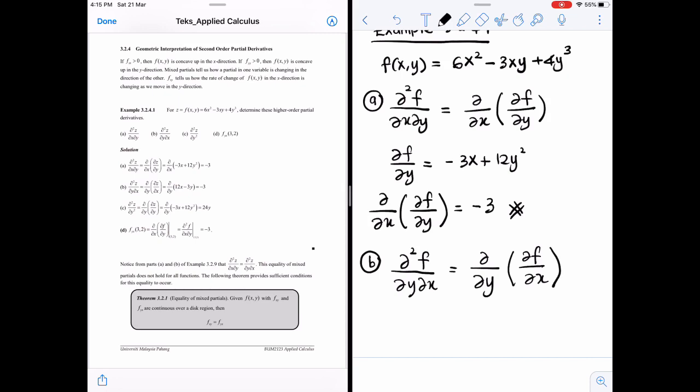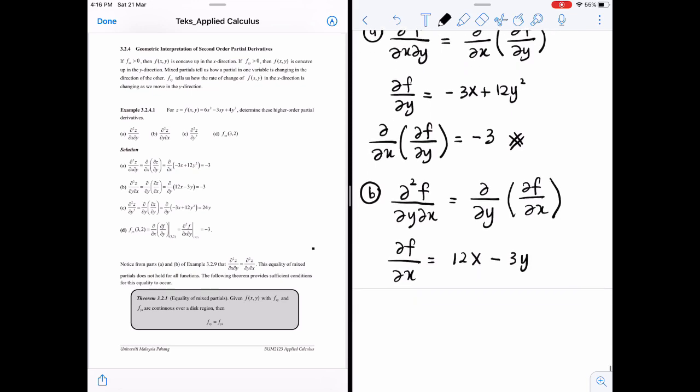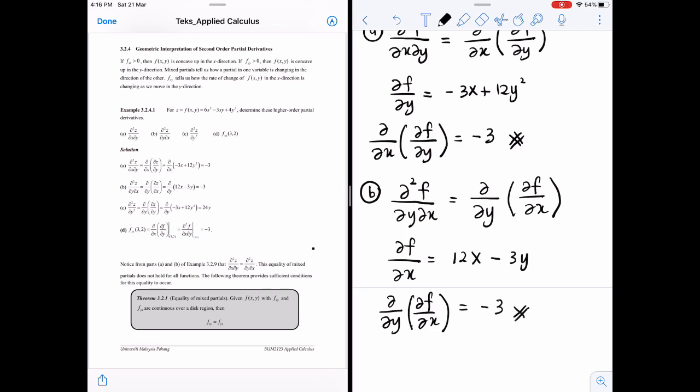So we need to find the differentiation of f with respect to x first. We will let y be a constant. What we will have is 12x minus 3y. Then this function will be differentiated with respect to y. So x will be a constant, so we will get negative 3.